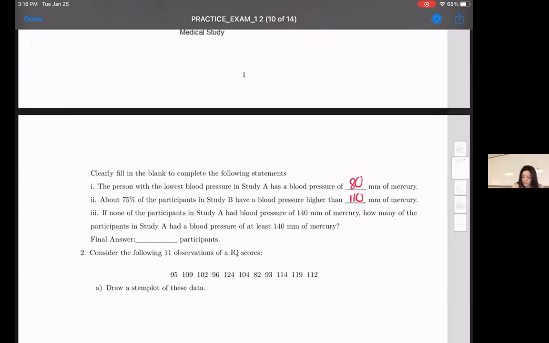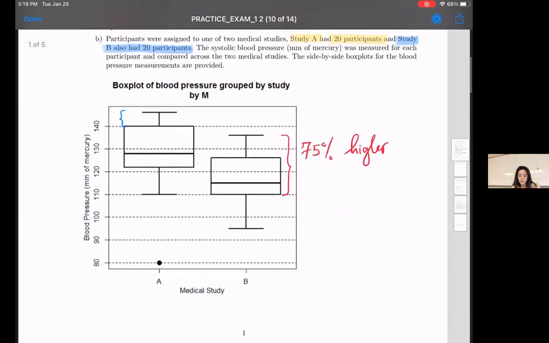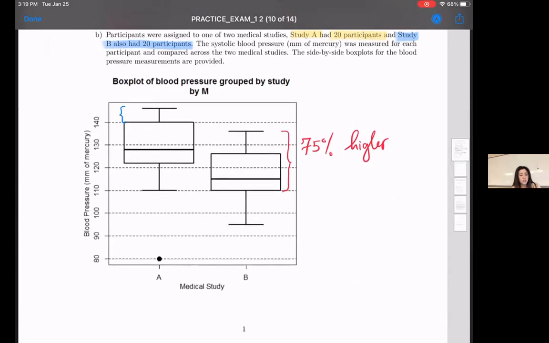So 20 times 0.25 equals 5 people. Very good. Does anyone have a question about the last one?